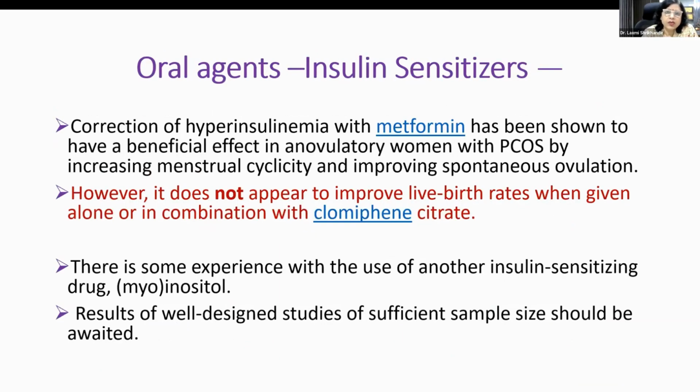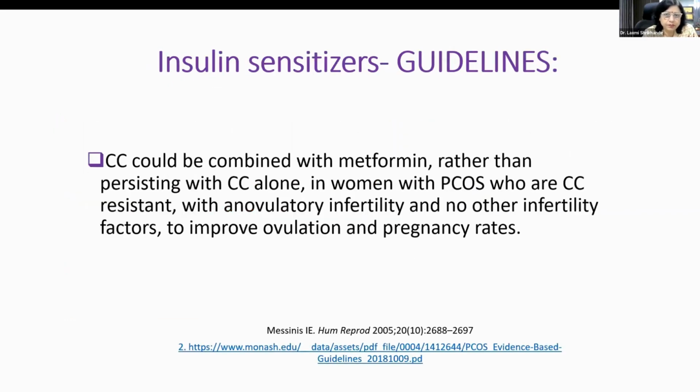Can you use insulin sensitizers all alone as an ovulation induction agent? No, but yes, if you like, you can combine it with clomiphene citrate, but there are various studies which have shown that this does not appear to improve the live birth rates when you are giving metformin alone or in combination with clomiphene citrate.